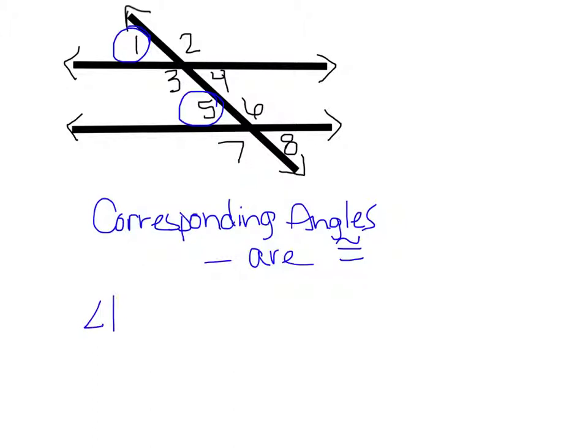So, angle 1 here, since it is corresponding to angle 5, is congruent. Which other one? 2 and 6. Angle 2 is congruent to angle 6 because they're corresponding. 4 and 8. Which other one? 4 and 8, and 3 and 7. You're getting these awfully quick.